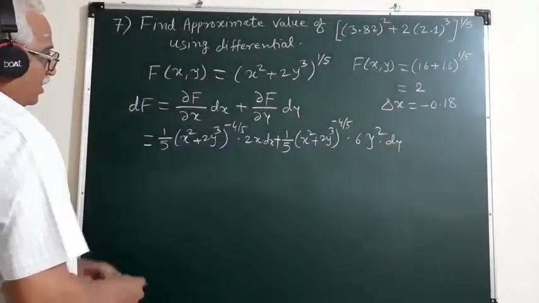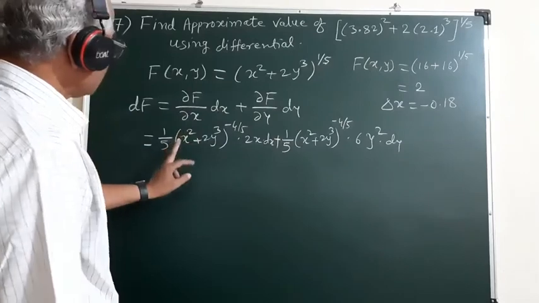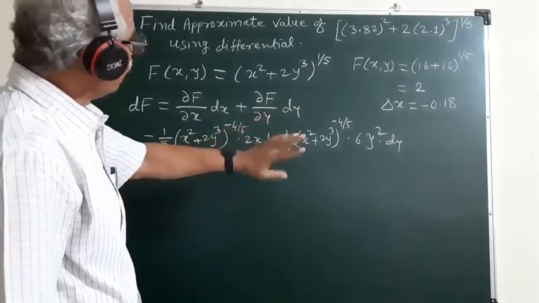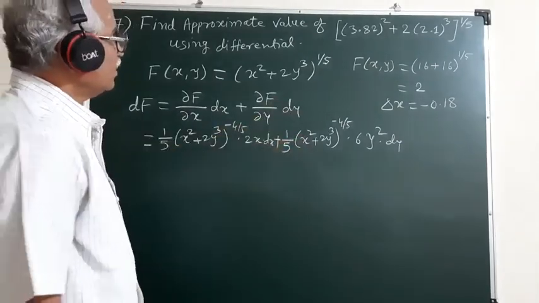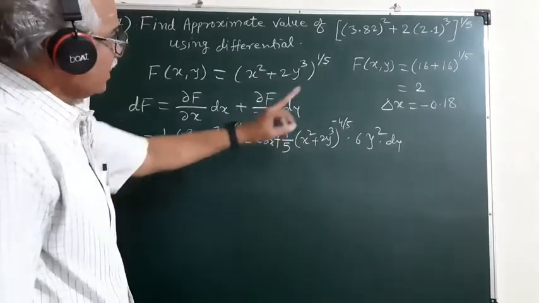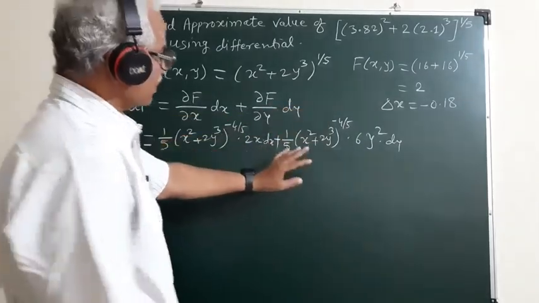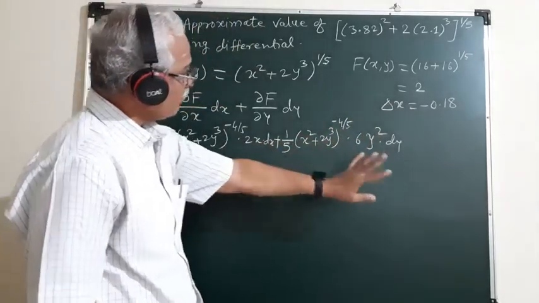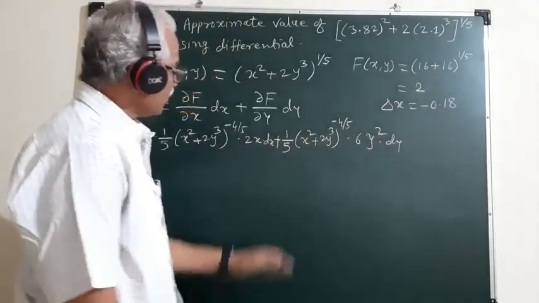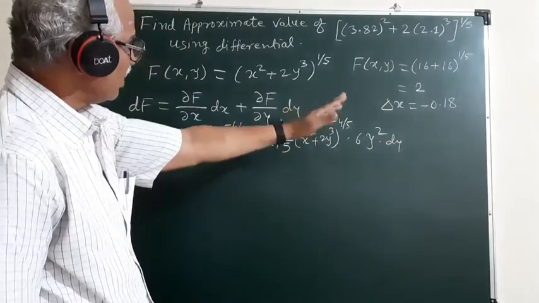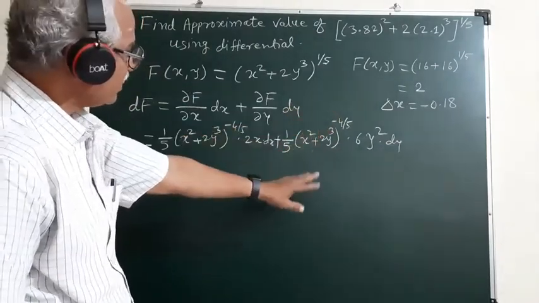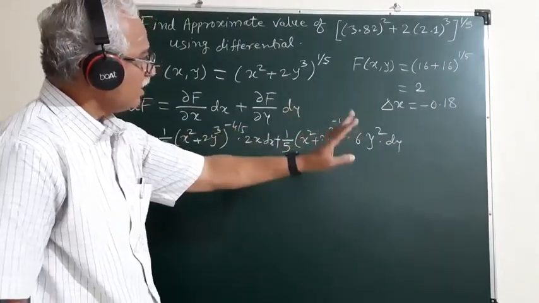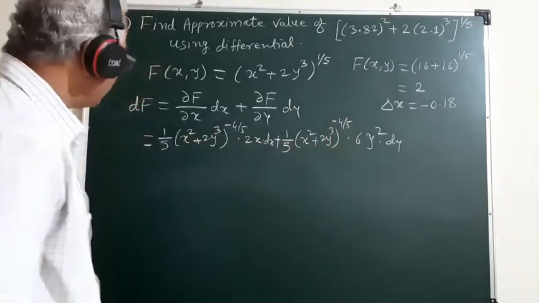So this is the expression for df. Now substitute the value of x is equal to 4 and y is equal to 2, and delta x can be approximated to dx and delta y can be approximated to dy. So we are using the value of delta x equal to minus 0.18 and the value of delta y as 0.1.